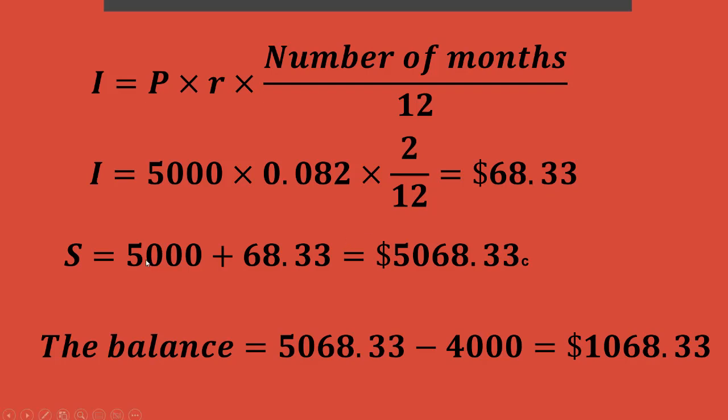To get the amount, S equals the principal plus the interest: $5,000 plus $68.33, which equals $5,068.33. To get the balance, we must subtract 4,000 from the amount. 5,068.33 minus 4,000 equals $1,068.33.